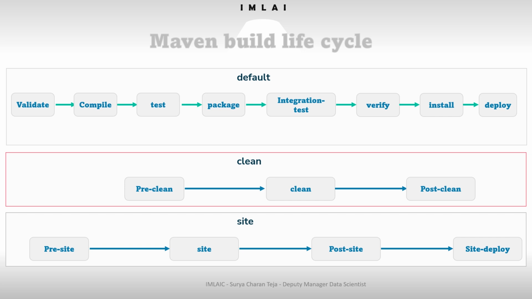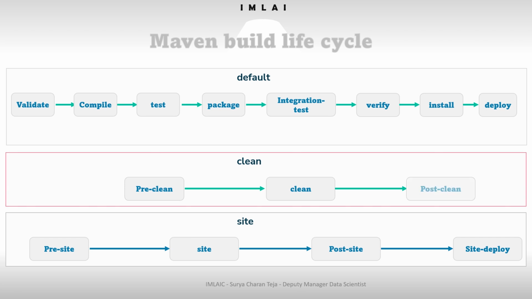You need to clean for a fresh build and deployment. If you want to create a fresh build and deploy it, for that purpose you require cleaning. So for that we'll use a clean build lifecycle. It consists of pre-clean, then we go for the clean, and then finally we do the post-clean. It's the complete cleanup of our Maven repository.